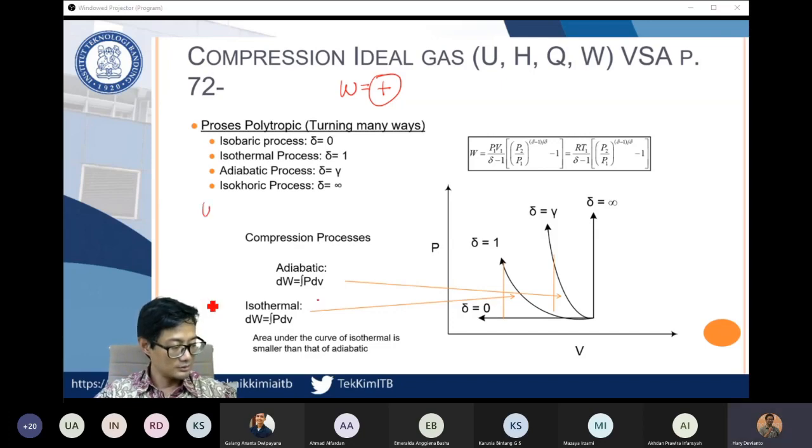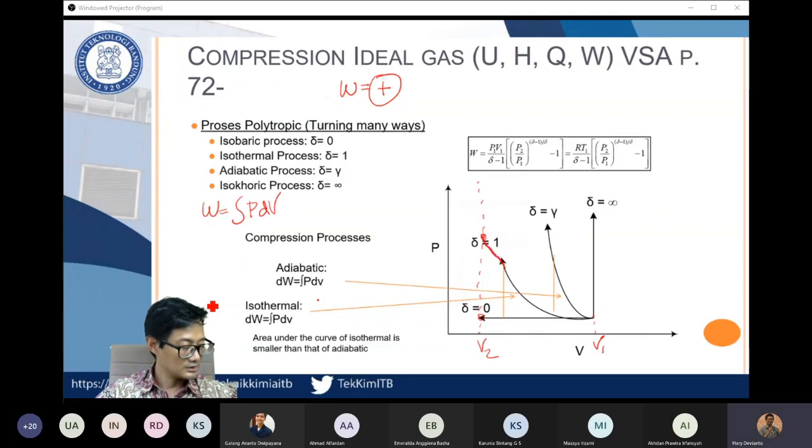Work is equal to integral P dV. So you can draw the area under the curve. But please be aware, you have to use the same initial and final volume. If this one is V1, this should be V2. So you need to compare apple to apple.